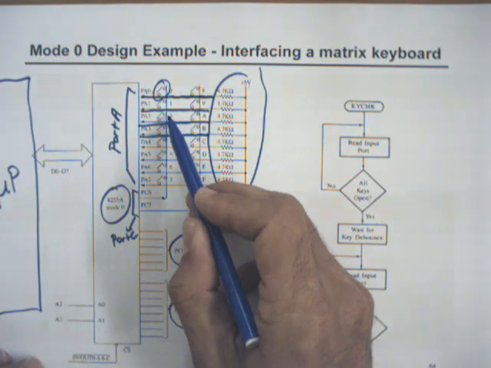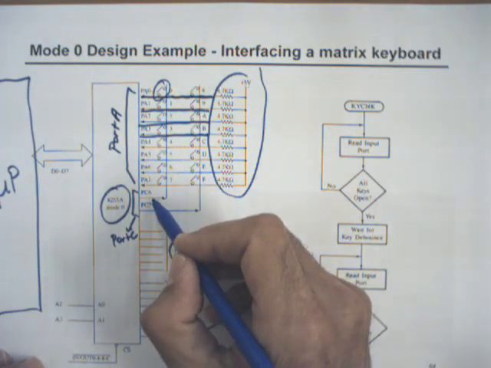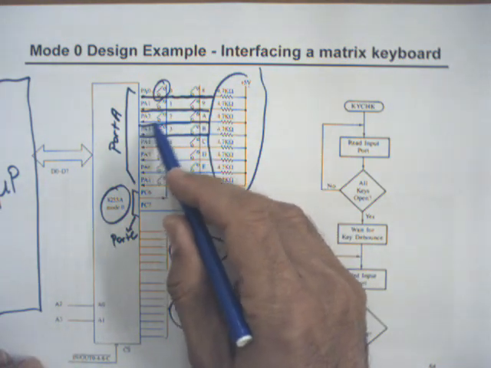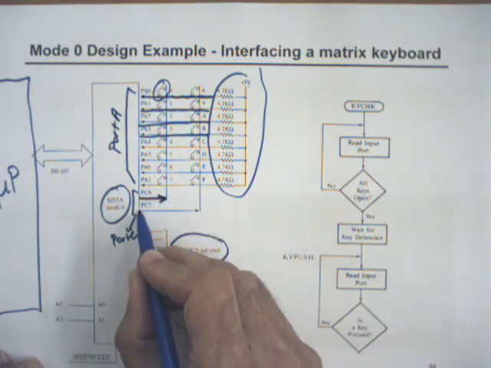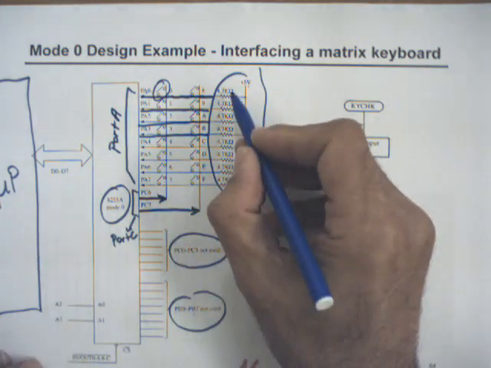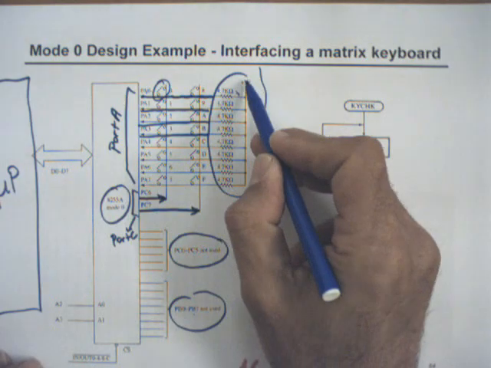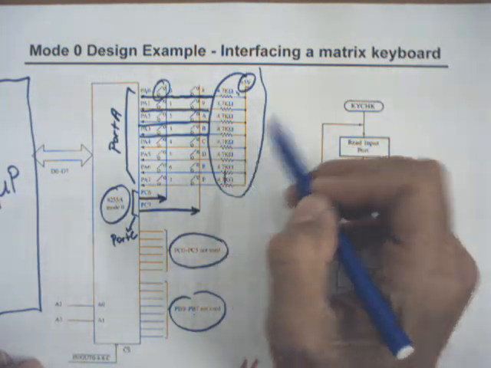Or pressing this key, whenever this is high, sends A to here. Once again, this is the output, so you can send low signal or high signal, and when you don't send the signal, this is high, since it's connected to plus 5 volts by resistors.